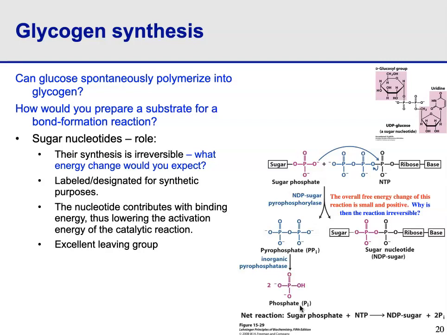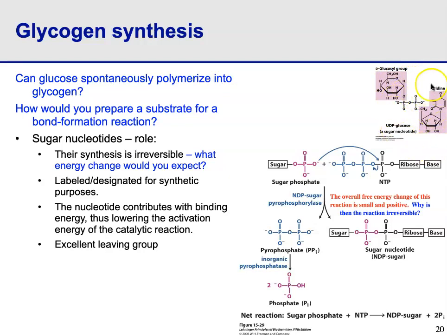Now what's the second benefit? Because the reaction is irreversible, and now all the nucleotides that are labeled remain labeled, the second benefit is that once they're labeled as glucose nucleotides, they're designated for synthetic purposes in general. In this case, glycogen. Another benefit is that, look at this nucleotide. It's even larger than the glucose molecule itself.